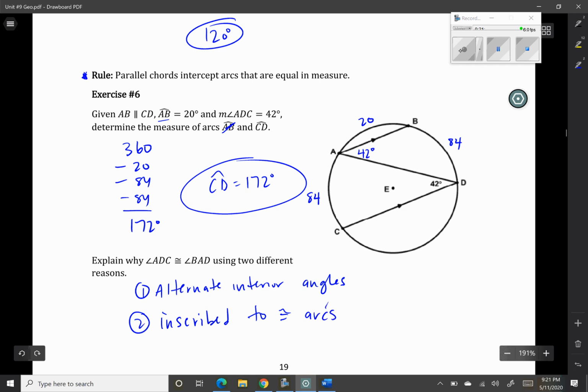Any angle that's inscribed to an arc of 84 degrees is going to be 42 degrees. That's how inscribed angles work. So if we were on a totally different problem with a totally different circle and the inscribed angle was 42, the arc's going to be 84, just the way it is. So since these two angles are inscribed to the same exact size arc, I know that they are going to be the same exact size angle. It's just the way that the parallel lines work in circles.